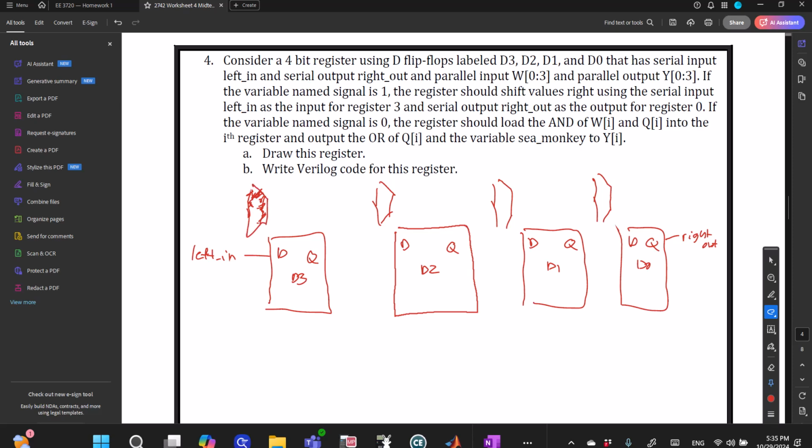Okay, so it has parallel input W0 to W3, so that means we have W0, W1, W2, W3, and parallel output Y0 to Y3. If the variable named signal is 1, so I have signal, and that's going to be my variable, that's the if, so that's what's going into the multiplexers.